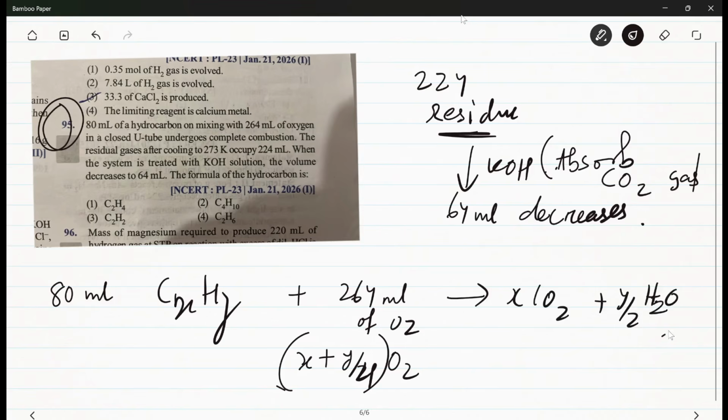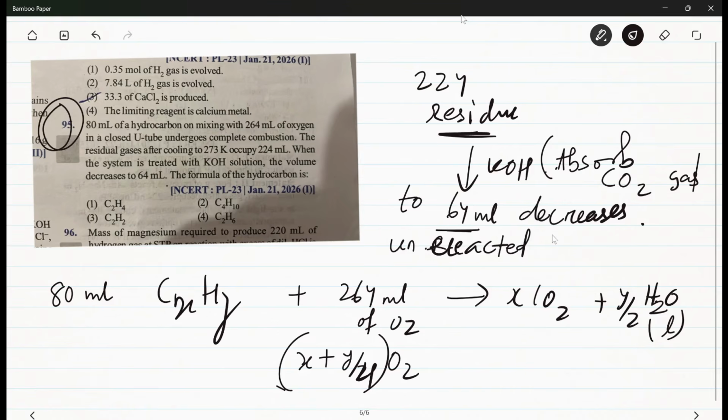Here, water we consider as liquid, so no need to worry about the water component. So how much CO2 will be produced and how much will be left unreacted? It decreases by 64 ml. So this is unreacted.